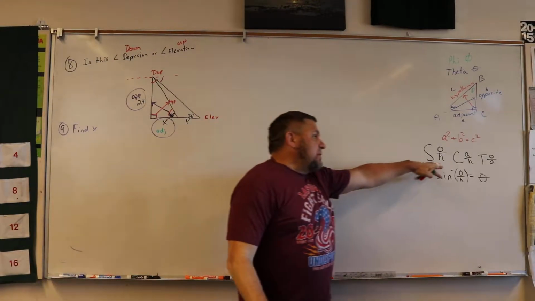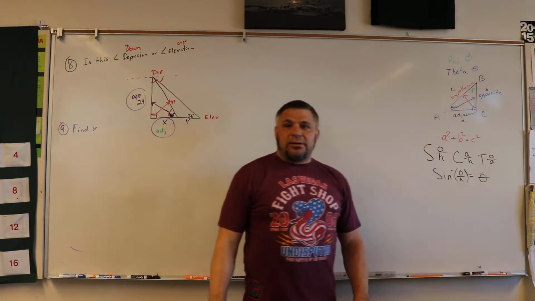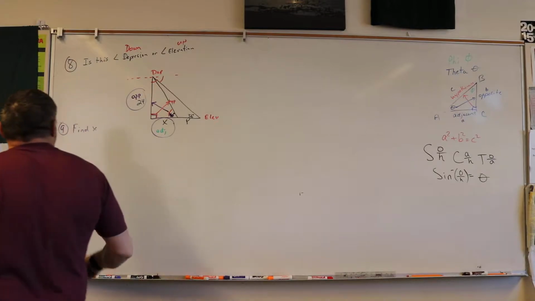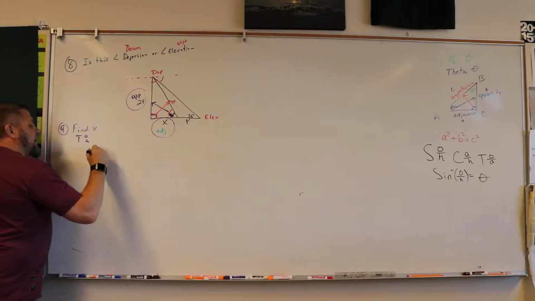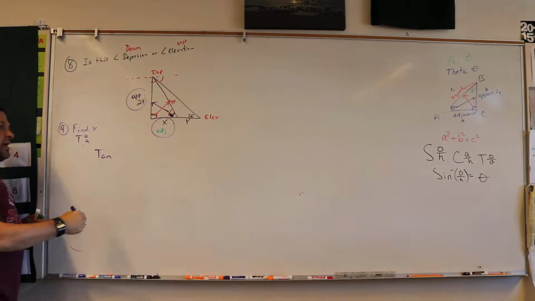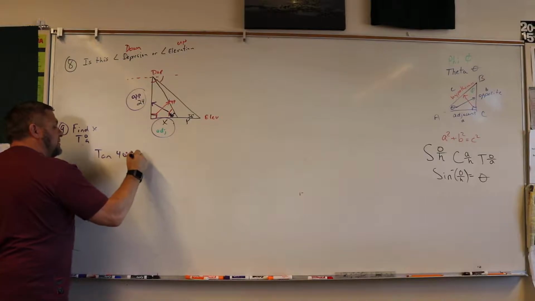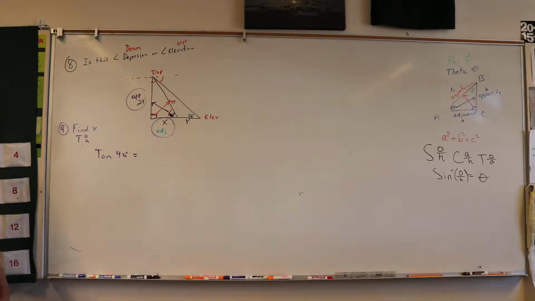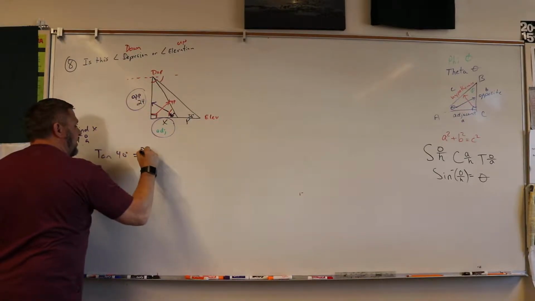Which one of these uses adjacent and opposite? Is it SOH, CAH, or TOA? TOA. What does TOA mean? The tangent of 40 degrees is equal to opposite over adjacent, 24 over x.